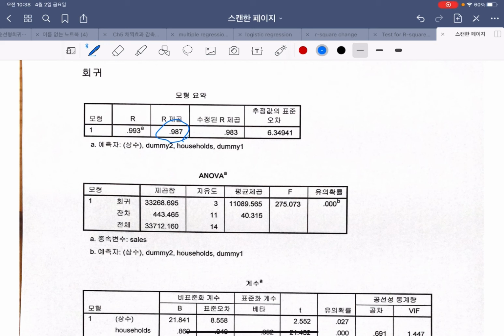In this case, the p-value is 0.000, almost 0, so you reject the null hypothesis. The null hypothesis is that your model is not good, so by rejecting the null hypothesis it means that your model is good.